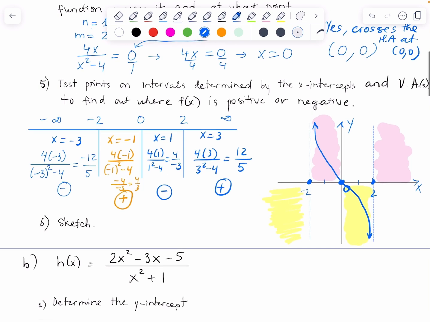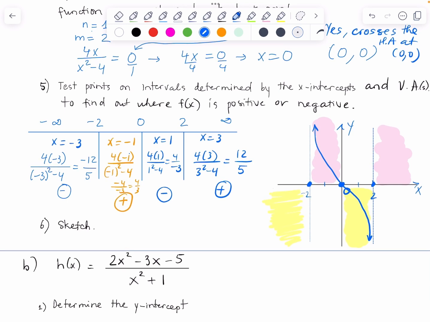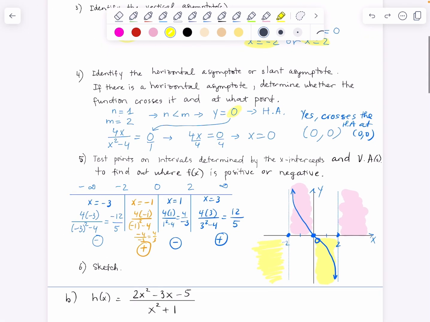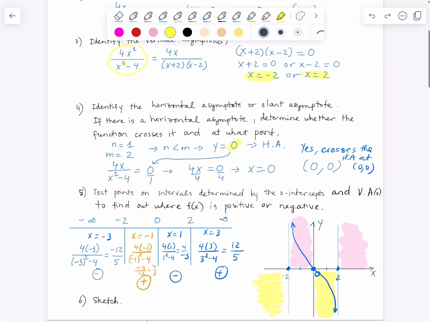Okay, next we're going to have this section here. So we know it's going to be below, and given that the vertical asymptote is this line right here, the line x is equal to -2, but also the x-axis is the horizontal asymptote, because the equation for the horizontal asymptote, we found it up here.